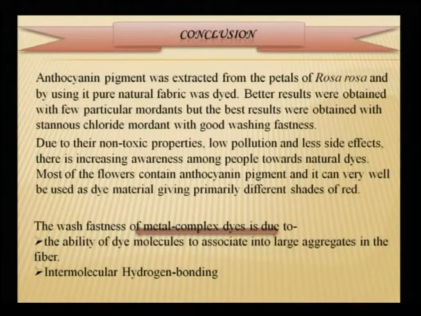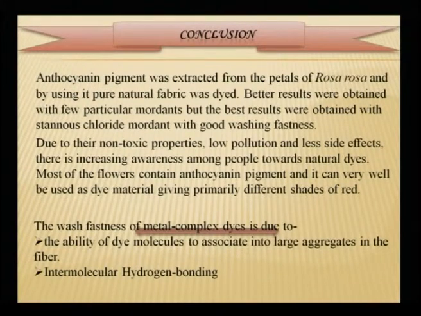So, to conclude, anthocyanin pigment was extracted from the petals of Rosa rosa, which is rose, and by using it for dyeing pure natural fabric, better results were obtained with a few particular mordants, but the best result was obtained with stannous chloride mordant with good washing fastness. Due to their non-toxic properties, low pollution and fewer side effects, there is increasing awareness among people towards natural dyes.